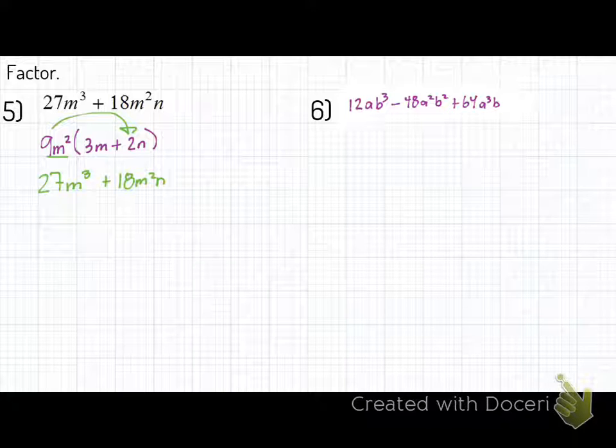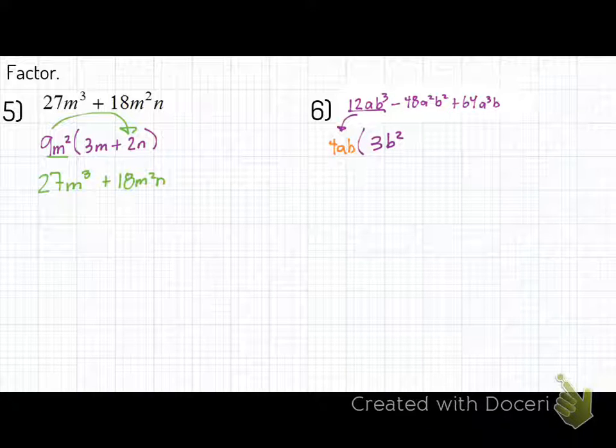Okay, so on this one, what is our GCF? Positive 4A. So we're going to take out 4A. And what else? Good. There's a B in all of them too, right? All right. Okay, so now we have to think about what's 12AB cubed divided by 4AB? 3B squared.